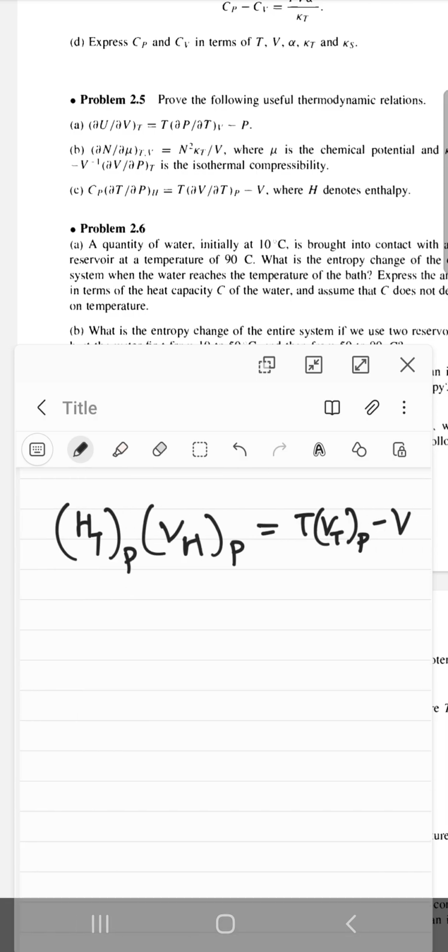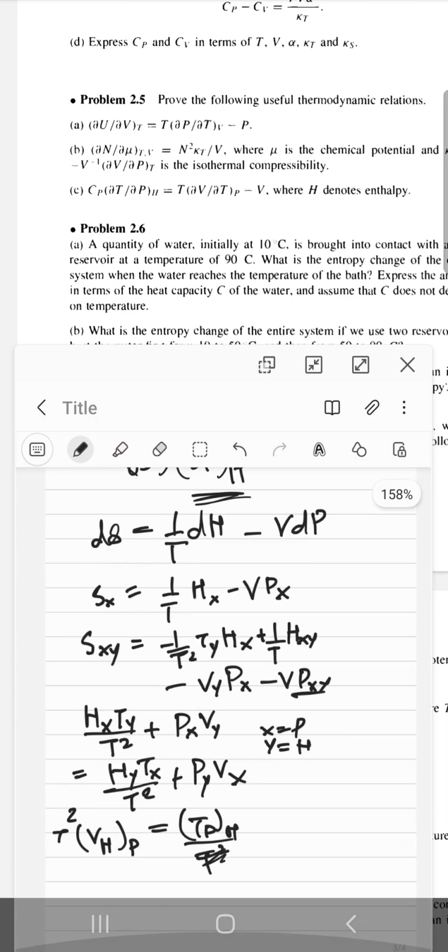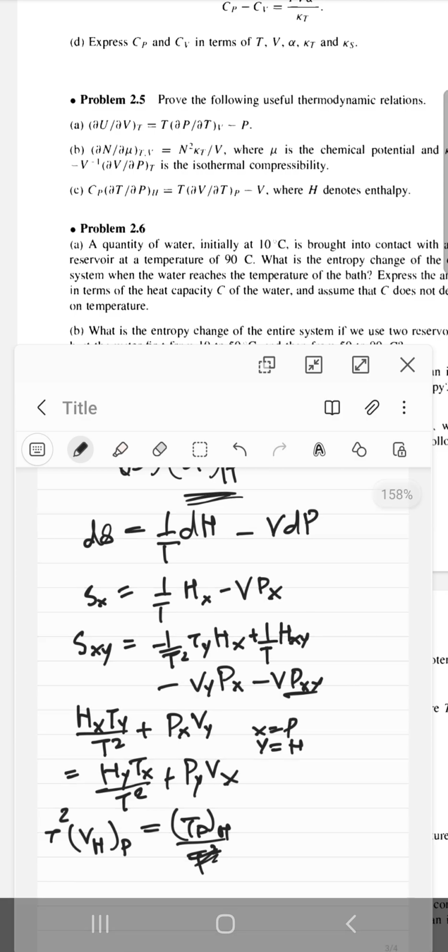Yeah, okay, something's wrong, isn't it? What is wrong? This minus 1 upon T squared, this term. Okay, what is wrong here? This looks correct to me.